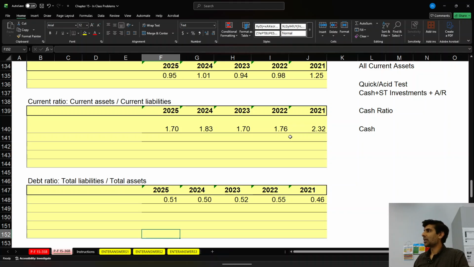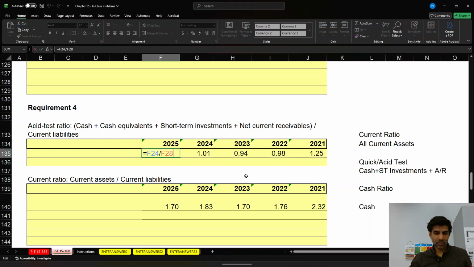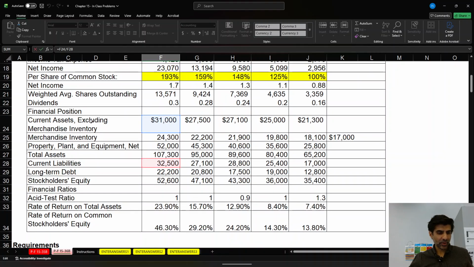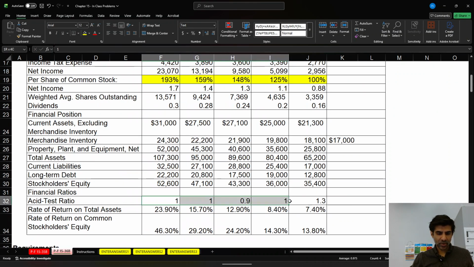With the acid test ratio, we don't have enough information. I just did the current assets excluding merchandise inventory. I assumed that these are the same, but let's see.